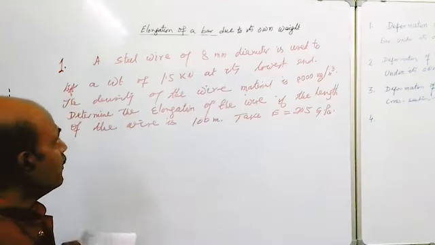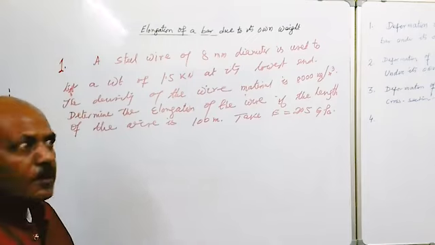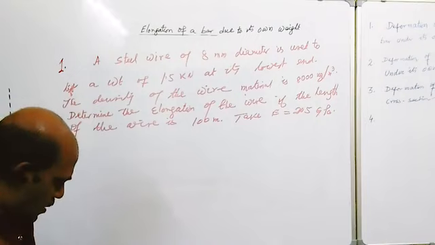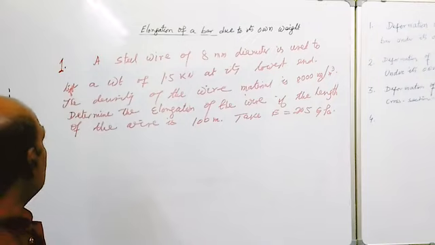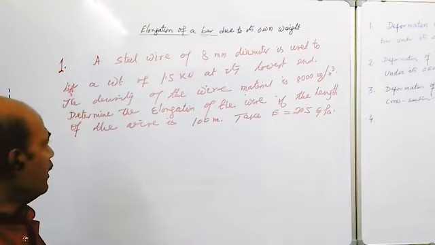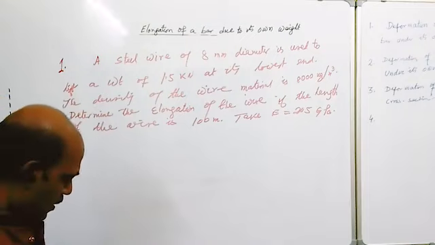A steel wire of 8 mm diameter is used to lift a weight of 1.5 kilonewton at its lowest end. The density of the wire material is 8000 kg per meter cube. Now we have to find out the deformation or the total elongation of the wire. The initial length of the wire is 100 meter and take E is equal to 205 gigapascal.